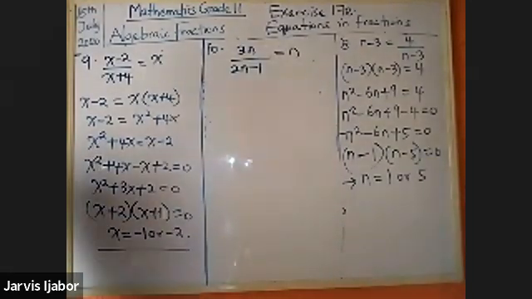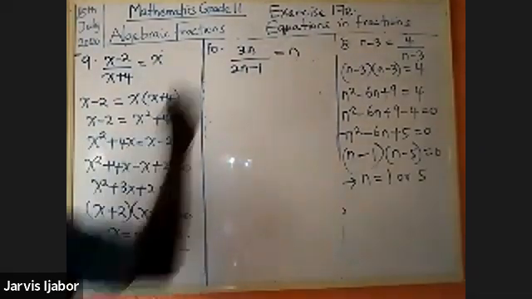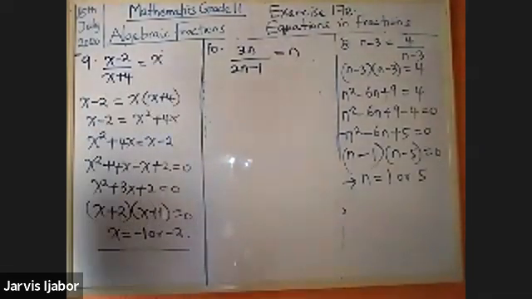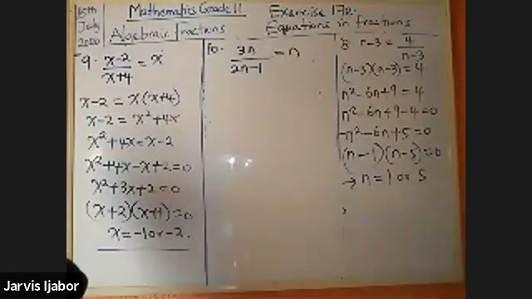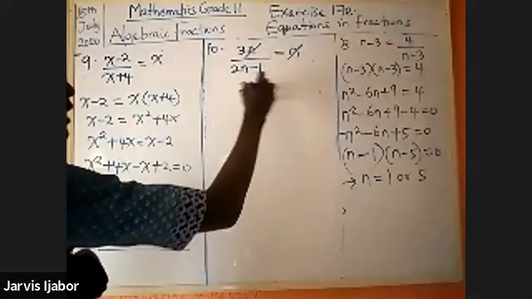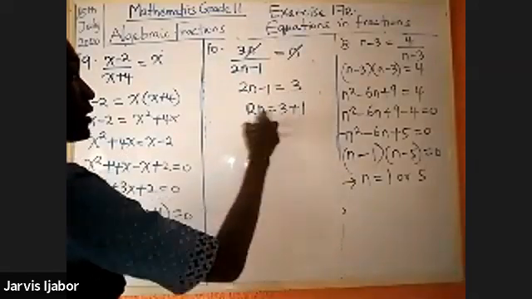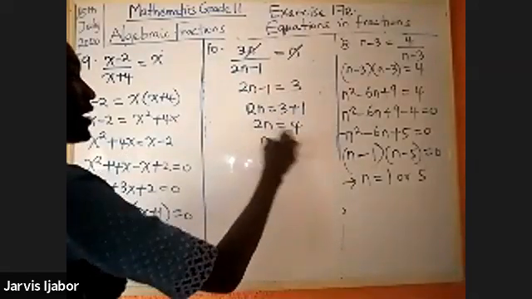If this question is correct, it shouldn't take you more than a second to solve. If it is correct as written, I will solve this and then solve another iteration of it. Because if this question is correct, I'll just cancel it and cancel it. It means 2n minus 1 is equal to 3, and 2n will be equal to 3 plus 1. 2n will be equal to 4 and n is equal to 2.